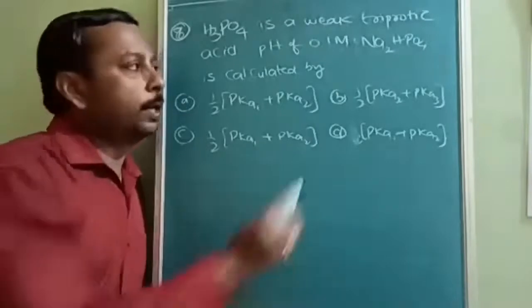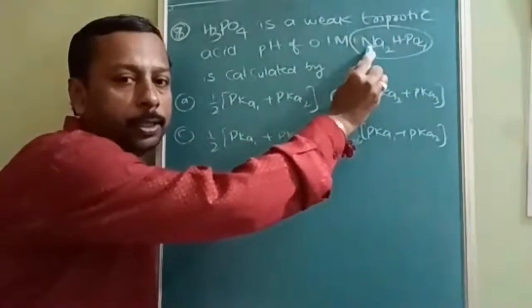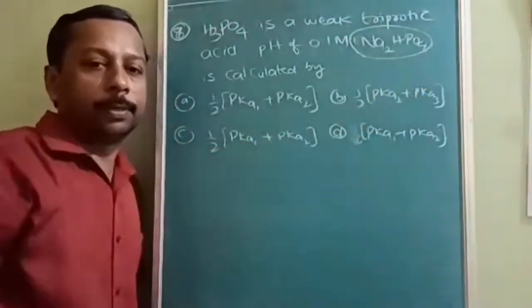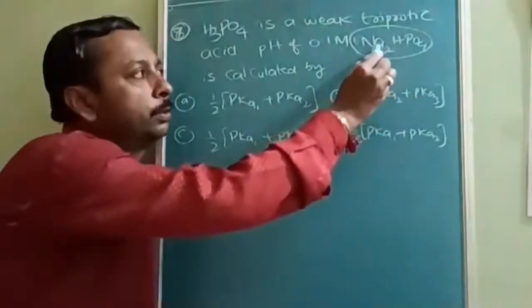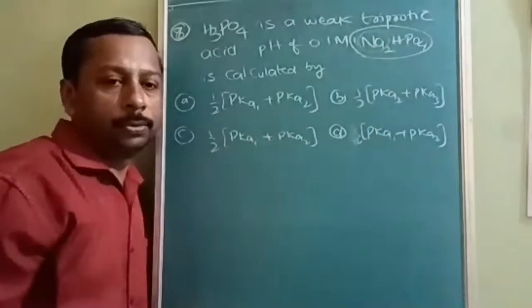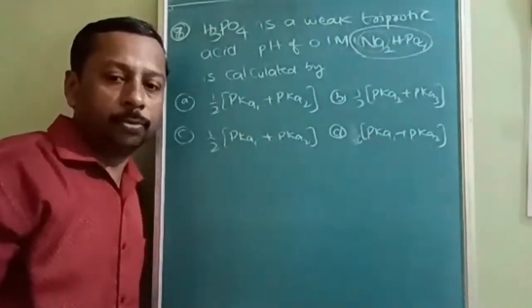Okay, this is called an amphiprotic salt. What is it? It is basically a salt, but still it can lose H plus and it can gain H plus. So in place of the sodium, it can gain H plus, and because of this, it can lose H plus also. So for that, pKa1 plus pKa2 by 2.